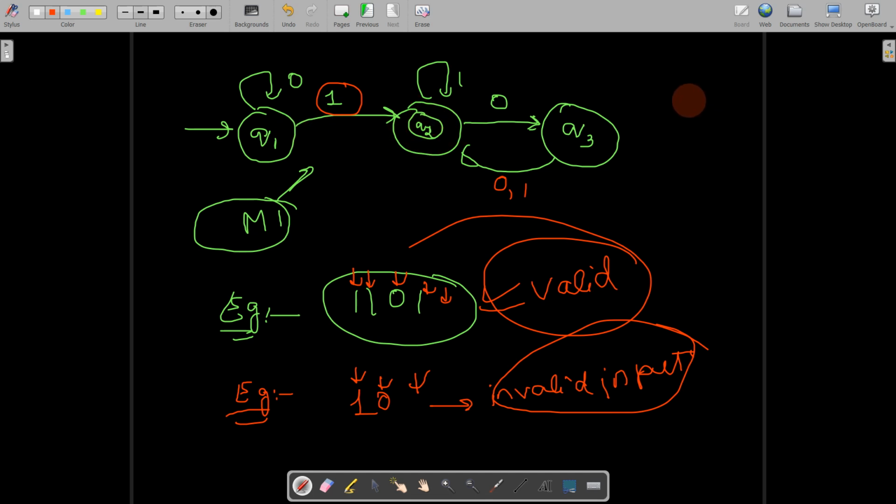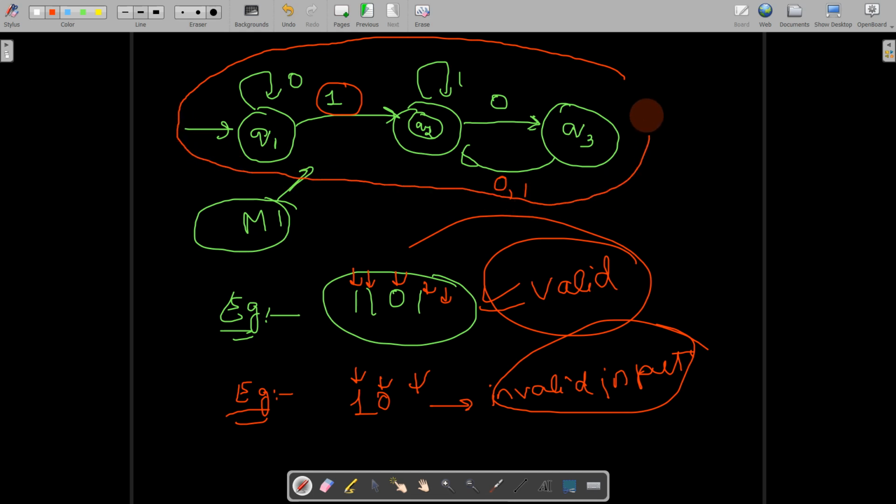That means this will accept any string that ends with 1, or after the last 1, ends with an even number of zeros. Then it will be a valid input for this machine M1.